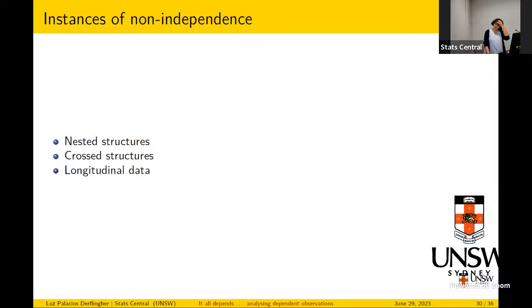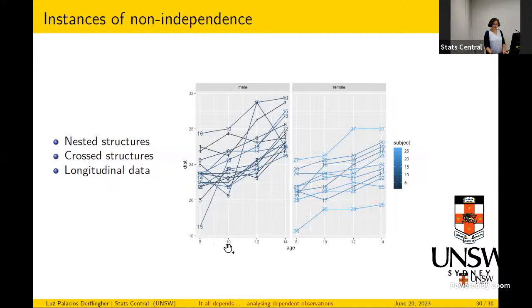So when you measure people over time, so let's say here we have age, and we have males and females. And in this example it was the distance between the teeth, I think the front teeth, for girls and for boys, and then we saw them throughout time. So in this case, when we have longitudinal data, then we have to take into account maybe correlation with respect to time.